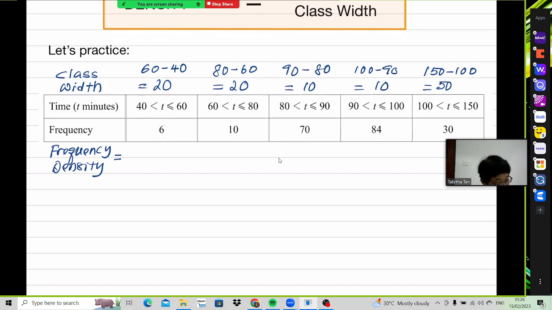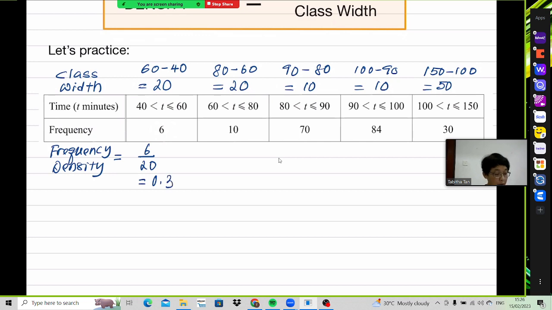So for the interval between 40 to 60, the frequency density is 6 divided by 20, and you can get that answer from the calculator, that is 0.3.